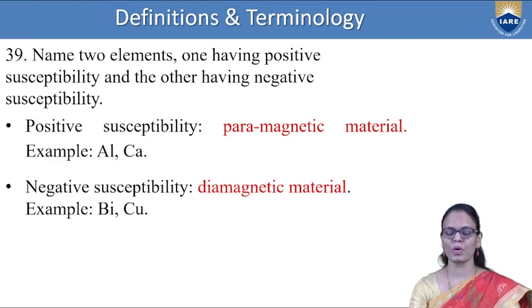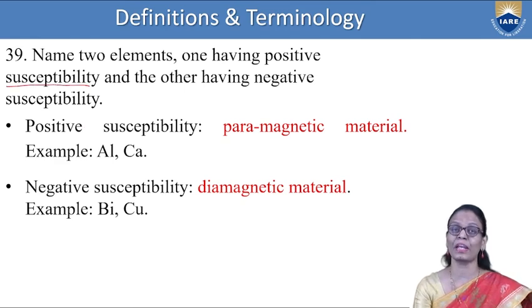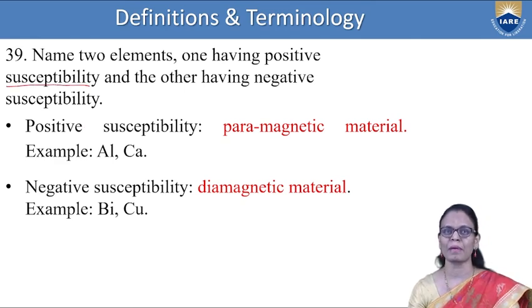Next, name two elements, one having positive susceptibility and the other having negative susceptibility. Susceptibility talks about the way the materials can be magnetized. If they are easily magnetized, they are susceptible to magnetism. If they cannot be magnetized, they are not susceptible.